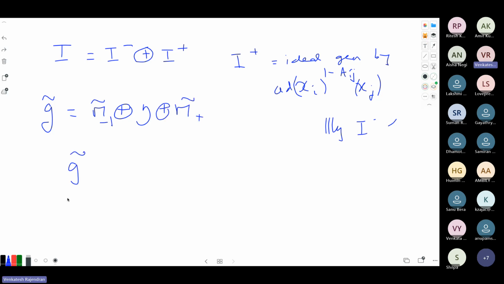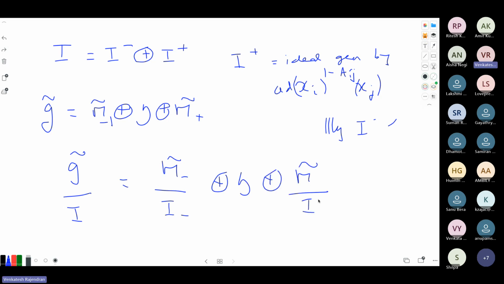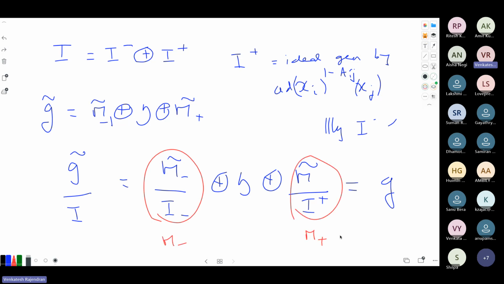Now, if you go modulo I, you get exactly n tilde minus modulo I minus direct sum h direct sum n tilde plus modulo I plus. But this is exactly your G. So you can call this n minus, and this n plus. So as before, this will be generated by the images of y1, etc., yl, and this also will be generated by the images of x1, etc., xl.